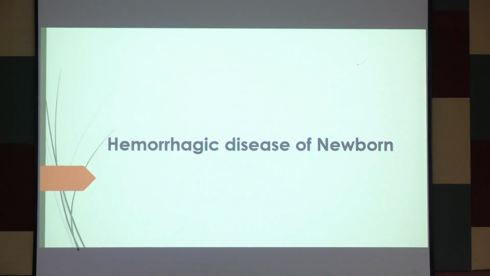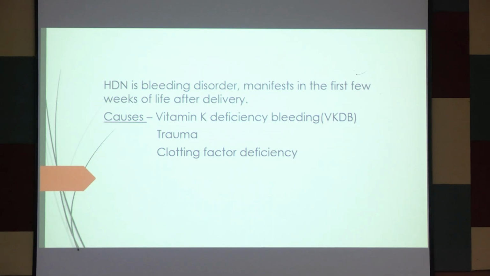Then the short topic, last topic, hemorrhagic disease of newborn. Hemorrhagic disease of newborn, a bleeding disorder, mainly manifests in the first week after delivery. There are several causes like vitamin K deficiency bleeding, trauma, clotting factor deficiency, but mostly vitamin K deficiency bleeding is our today's topic, and that we also call the hemorrhagic disease of newborn.